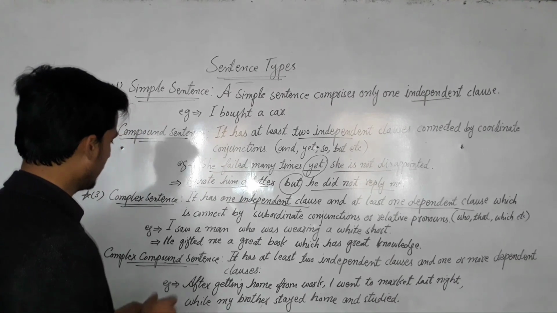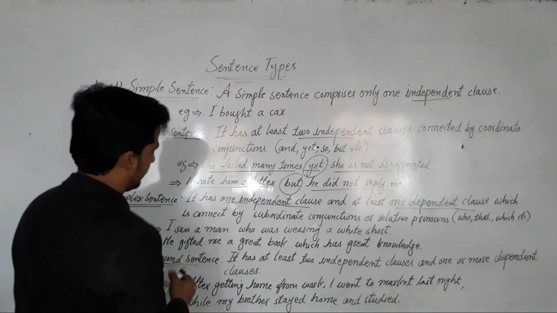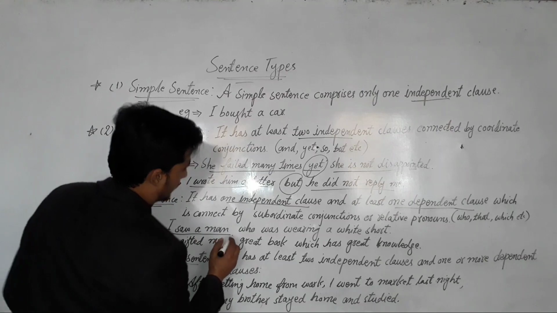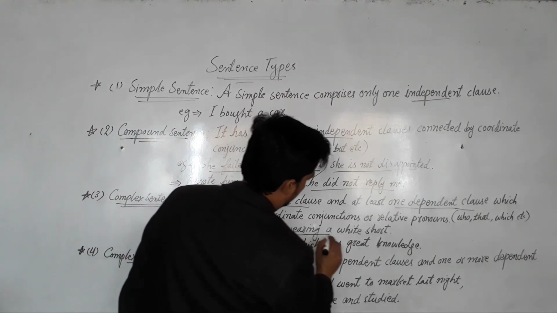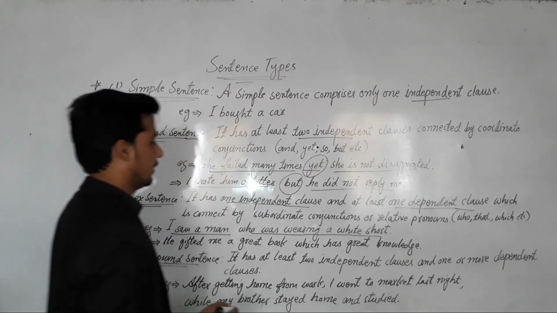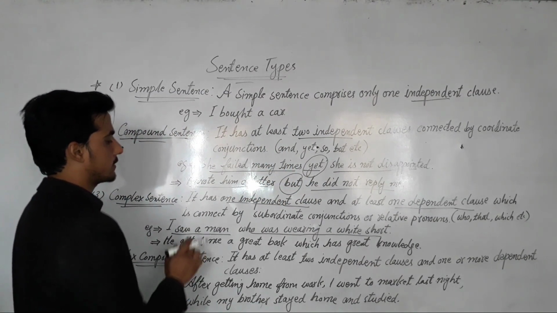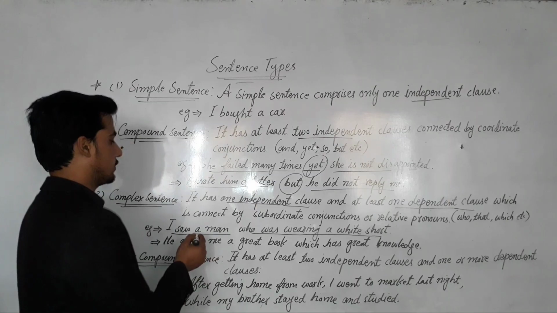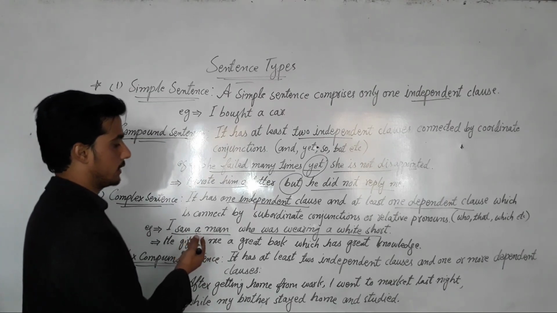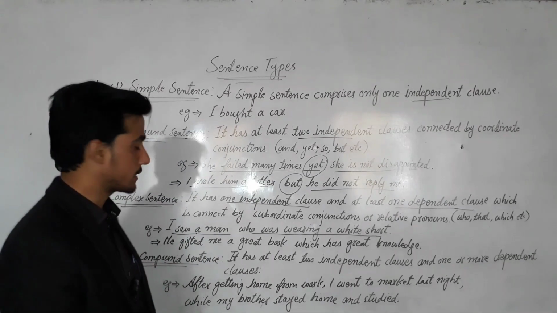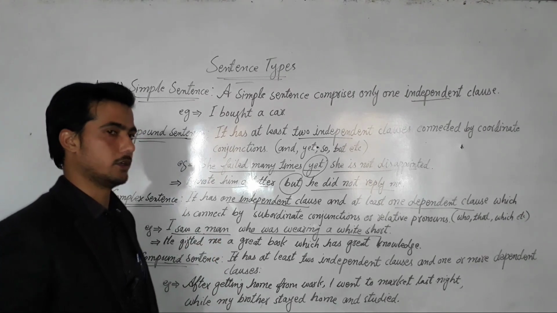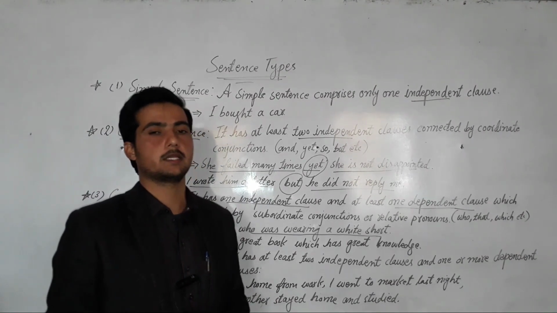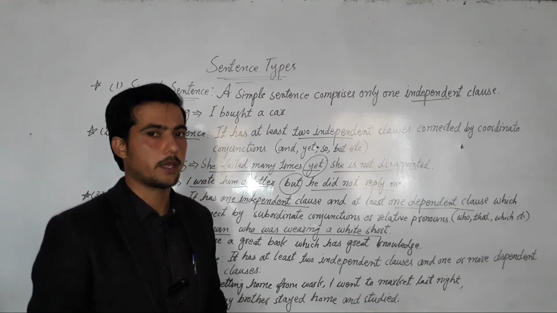Just look at: I saw a man who was wearing a white shirt. So you can see that it consists of two clauses. We can say that this is the main or independent clause, because it can stand alone as a sentence. Let's suppose someone comes to you and says, I saw a man.